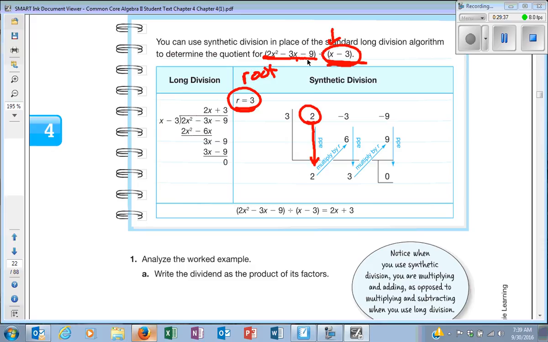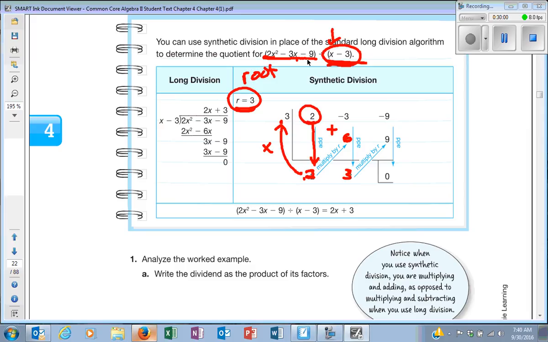So that's why this 2 came here. You then say 2 times 3. 2 times 3 is what? Do you see this 6 right here? And you add these together. Negative 3 plus 6 is 3, that's where that 3 came from.